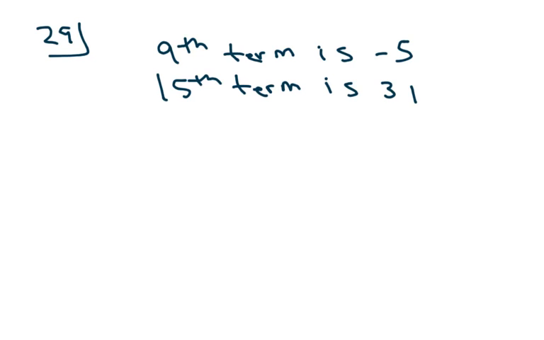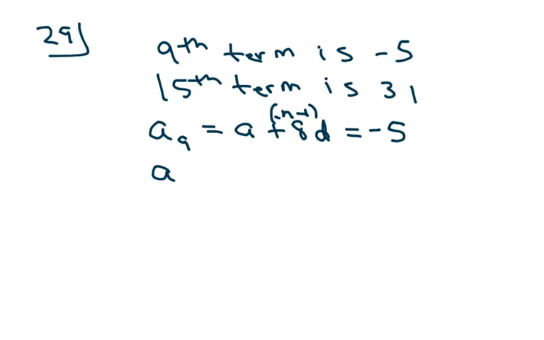So we're going to do a of 9 equals a plus 8d. Remember, n minus 1 times d. And we know that this equals negative 5. So basically I'm just using the formula. This is your n minus 1 part here. All right? And then the way we're doing this is we're trying to find d. And now we have a plus 14d equals 31.